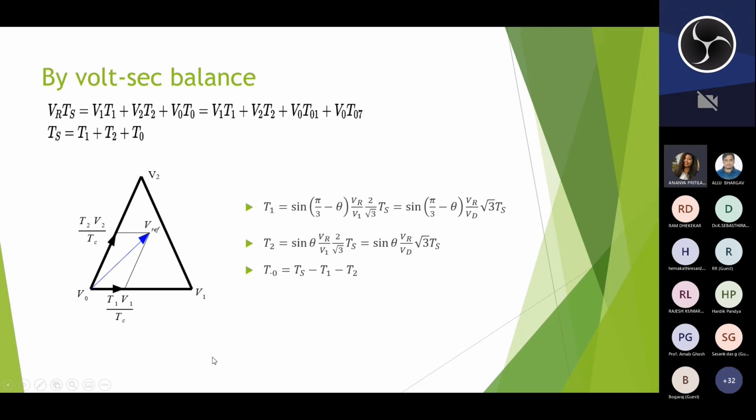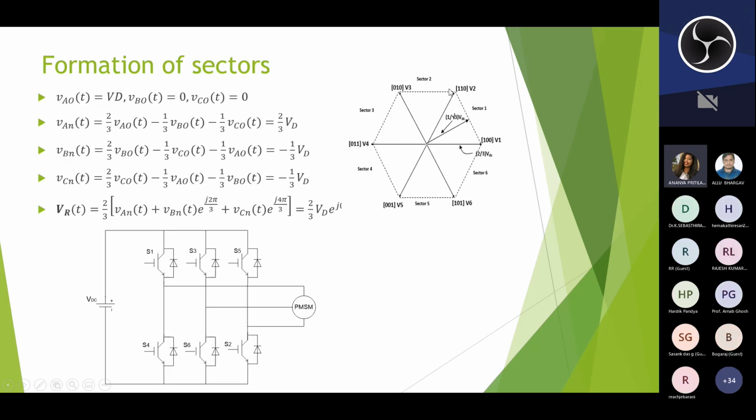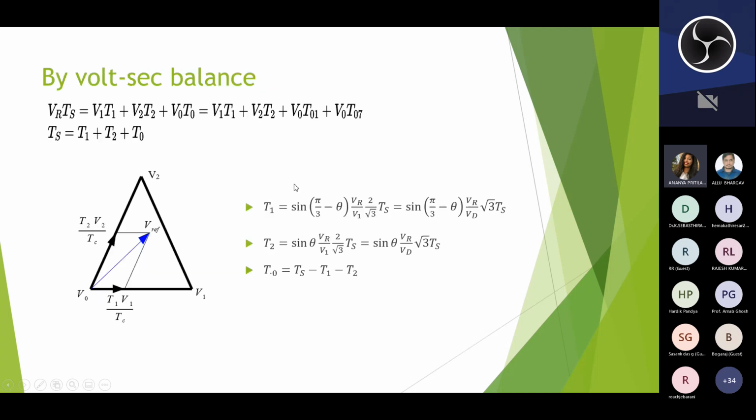And here, if we select this part of the hexagon, it looks like a triangle. Here I have highlighted V1, V2 and V0. From the triangle, the V reference will be like this, the resultant.